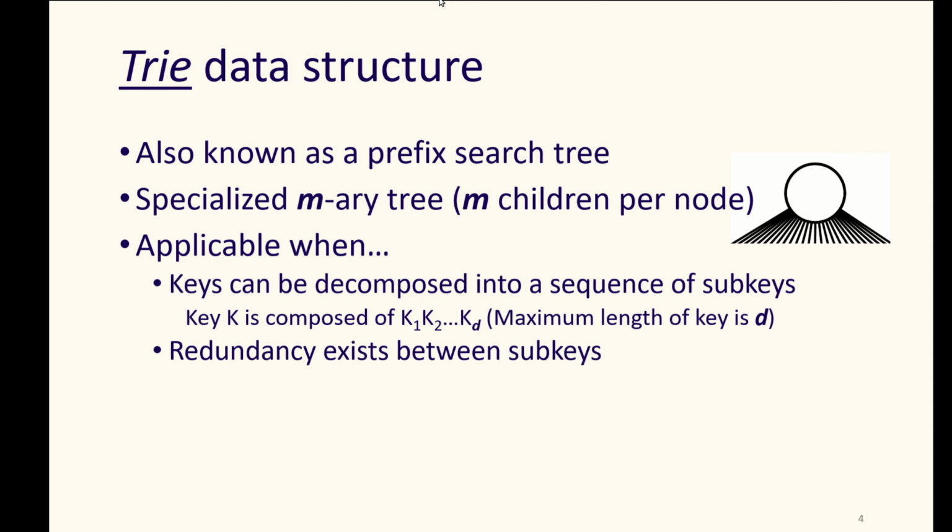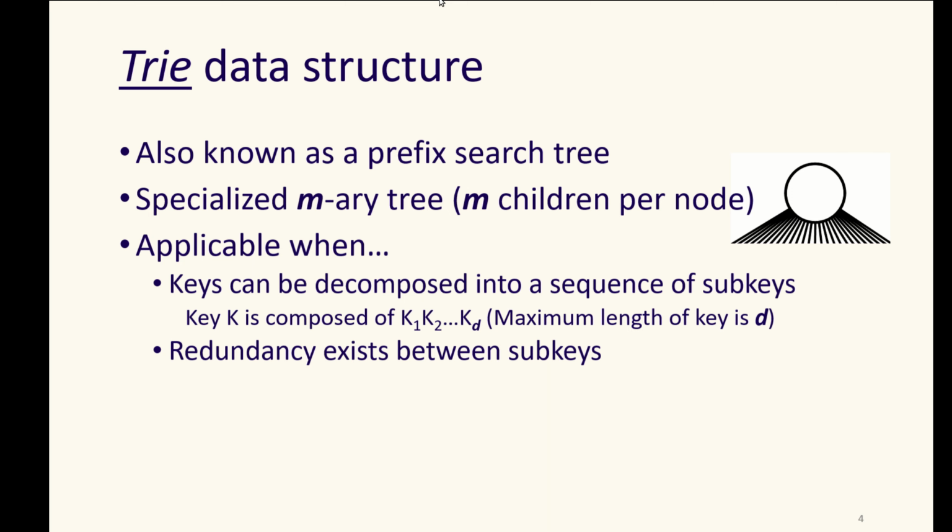We also need it, however, to have some redundancy between those subkeys, meaning there should be some overlap in the contents of those keys, such as words that start with the same few letters. It's usually best if it's the starting values of our keys in particular. Like many words start with the sequence THE.